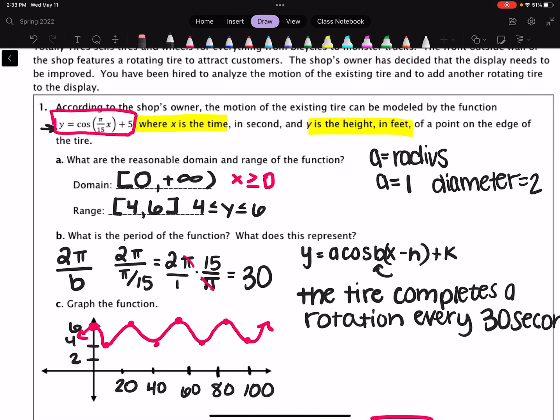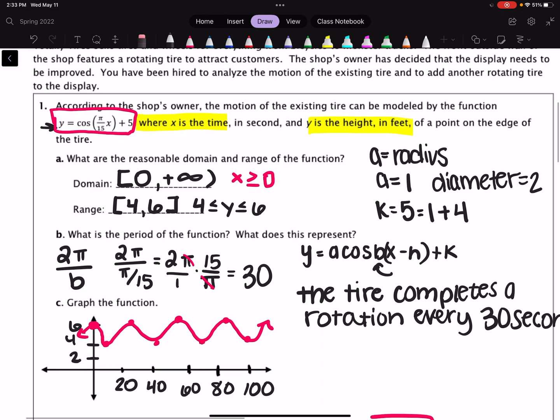Right. And then if we look at our existing tire, we'll have to go back to our equation here. So we know that the K value, which is the midline, is 5 feet. And we know that the midline is the distance from the ground to the tire plus the radius, right? And we know that the radius in this example is 1, which means that the old tire is also 4 feet from the ground.